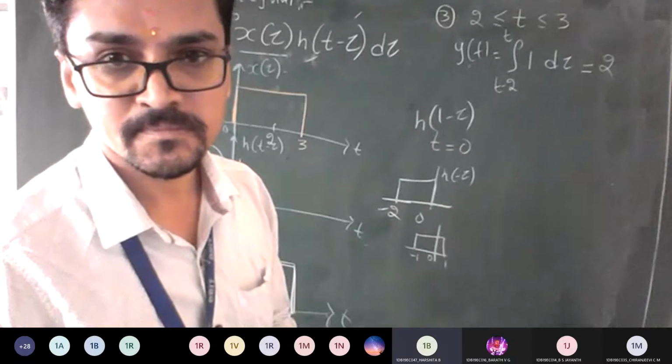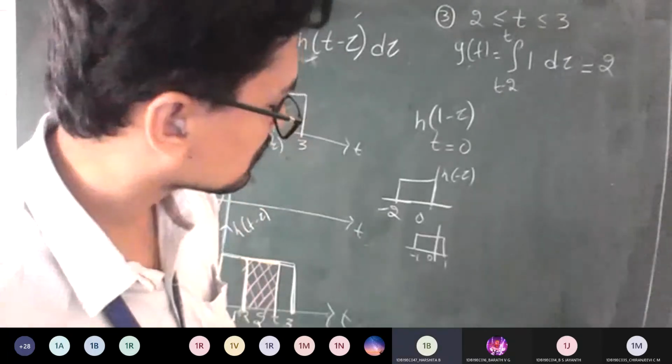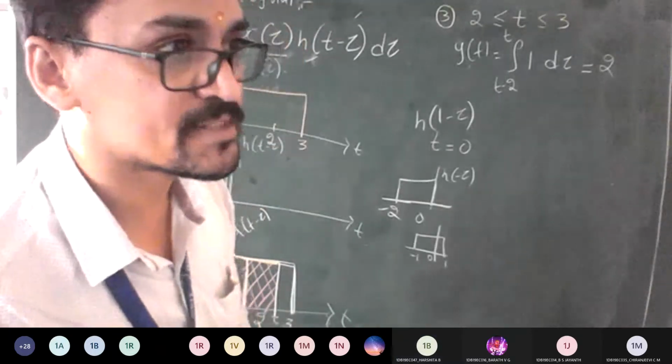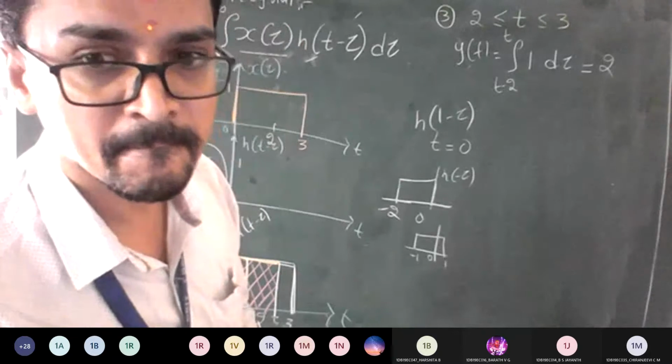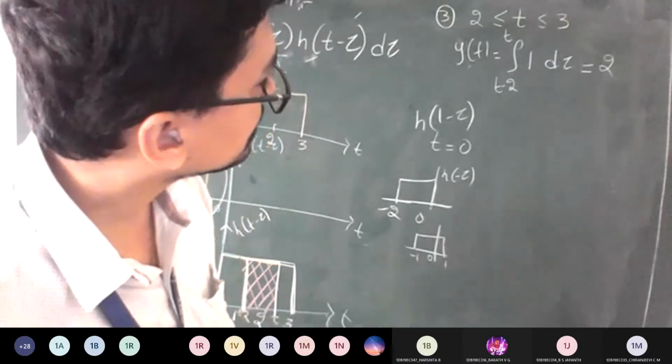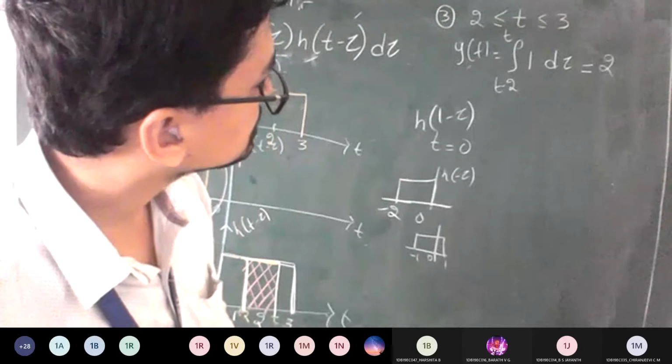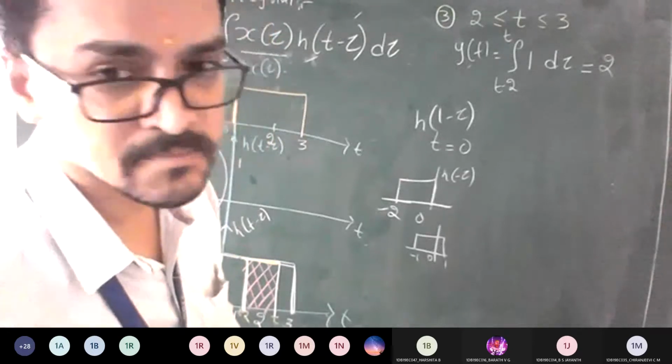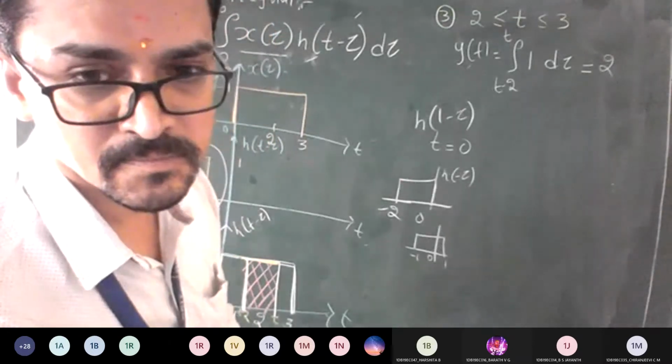Sir, if T is 2 to 3, no, sir. Let him complete his doubt. Yeah, Chiranjeevi. Sir, T is between 2 to 3. So if we give T as 2.5, then 2.5 minus 1 is 1.5, and 1.5 minus T minus 2 comes to 0.5, no, sir.